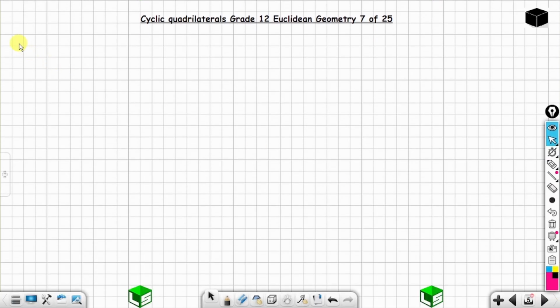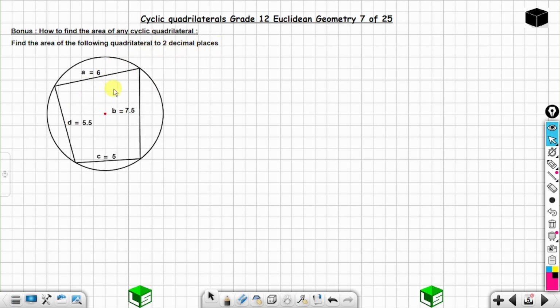Okay, a bonus. How to find the area of any cyclic quadrilateral. Find the area of the following quadrilateral to two decimal places. You are given this. This is a quadrilateral. A is equal to 6, B is equal to 7.5, C is equal to 5, D is equal to 5.5 units. You have the sides of the quadrilateral.